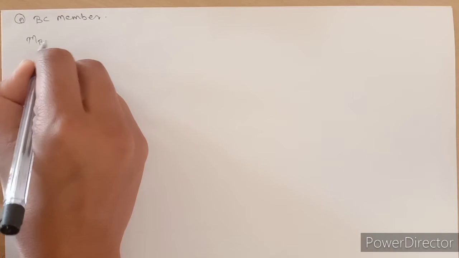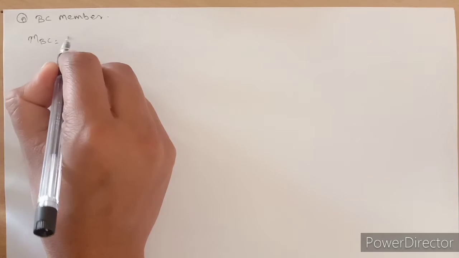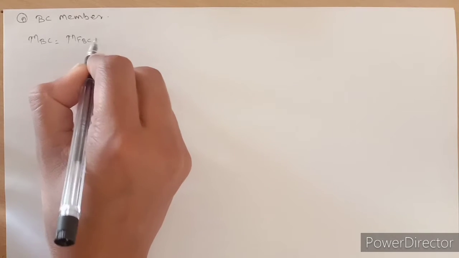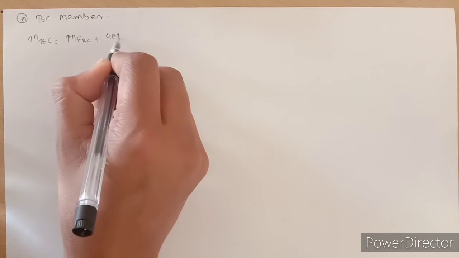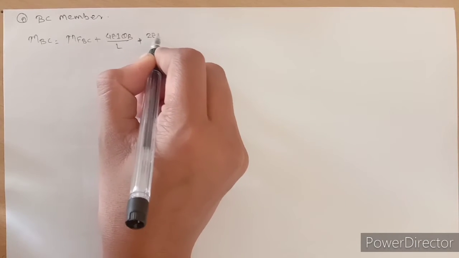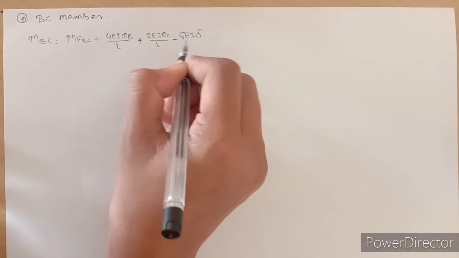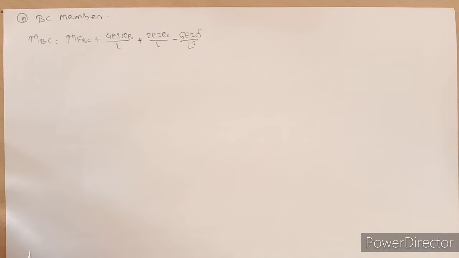Then next, for the BC member, the slope deflection equation: the formula is fixed moment for BC plus 4 EI theta B divided by L plus 2 EI theta C divided by L minus 6 EI delta divided by L square.